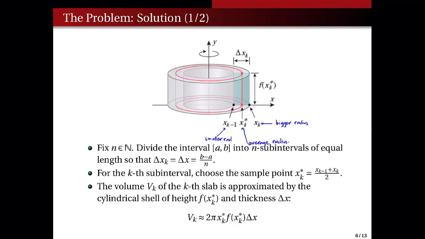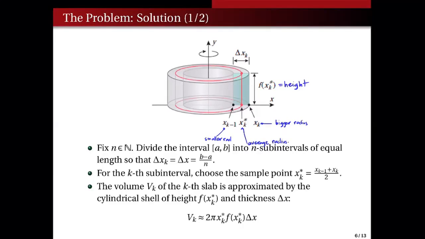So far, so good. And then your height, that's your f of x sub k star. This becomes your height, the evaluation at the function. And your delta x sub k, this is your thickness.